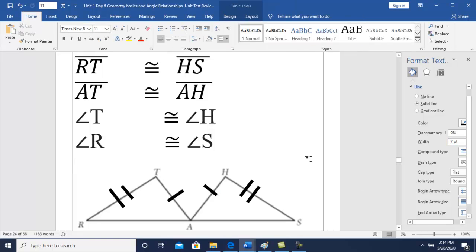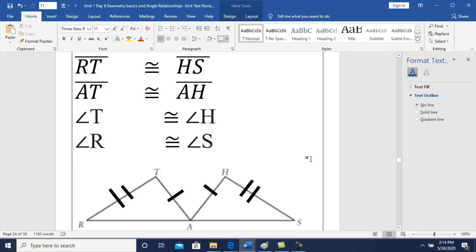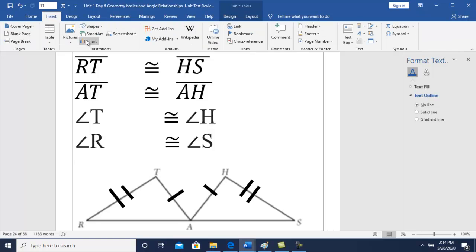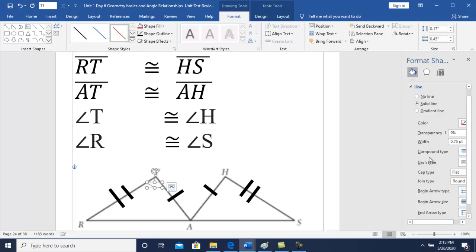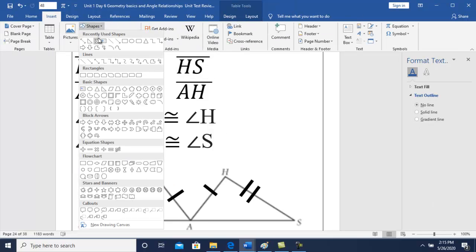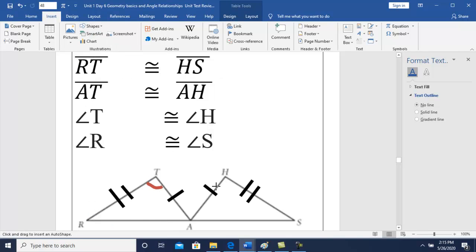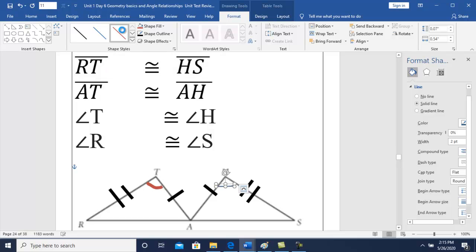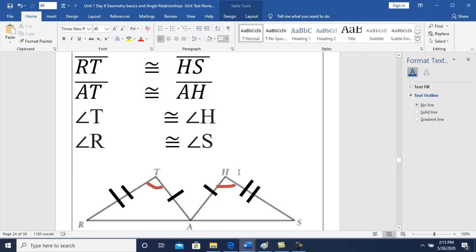So angle T and angle H are going to be congruent to each other. Let's put an arc here, one arc there, and then we'll do that again for the other one. So angle T and angle H are congruent to each other.